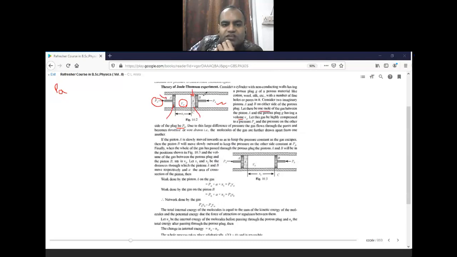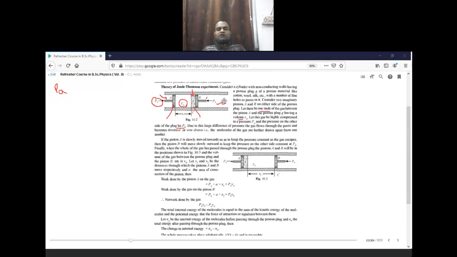So have you understood the experimental setup? Once again, consider two imaginary pistons A and B, and there is a porous plug between the two pistons, represented by the letter G. Now let there be a gas between the piston A and porous plug G, such that the volume of the gas is V. This gas is given a very high pressure, PA, to the left of the porous plug.